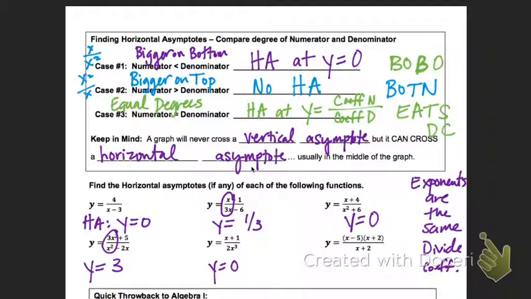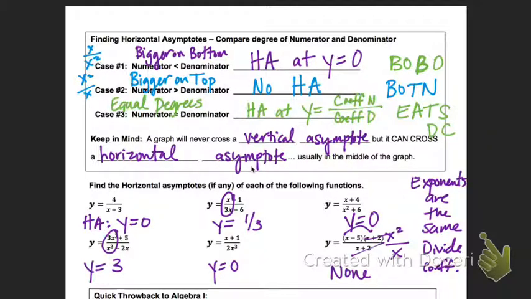Would you cross it? Explain x plus 2. And on the last one, imagine foiling that out. You would get an x squared over x. So this is none. You could cross out the x plus 2's, and then you would just have x. So there would be none.